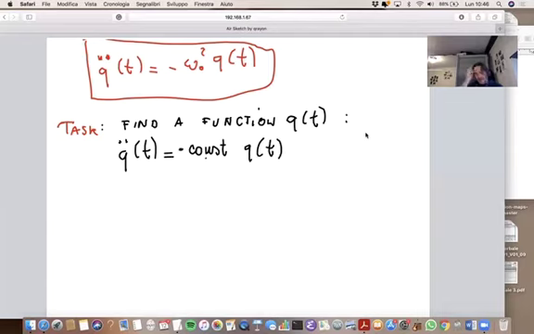And this constant has to be omega squared. So basically, if I can find a function such that if you differentiate it twice with respect to time, you get itself up to a constant, then you have a function that satisfies the equation of motion.